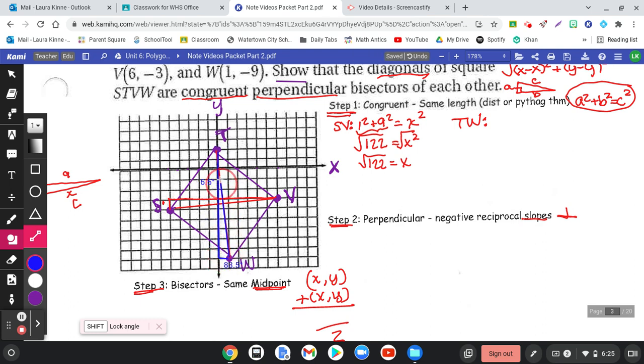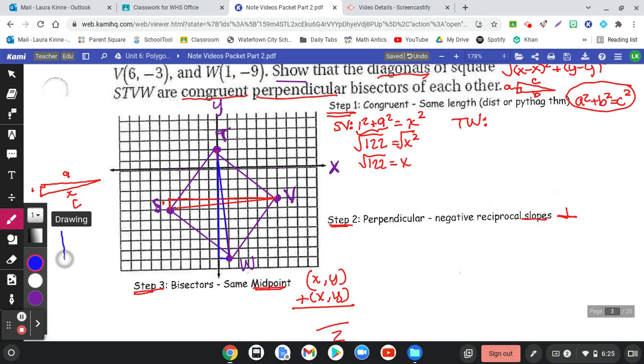Change the color of the diagonal so you can see it a little bit better. So again, you're dealing with a right triangle. Might be very slim, but that's okay. There's your right angle, so that's 1, that's 9. And again, your diagonal is always C. The length is always C, your SV.